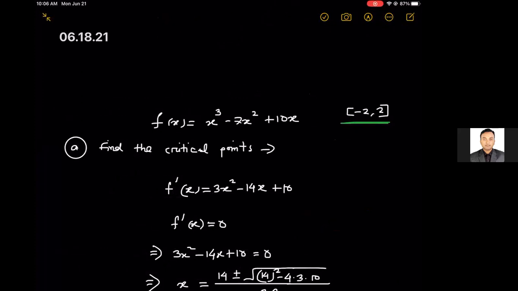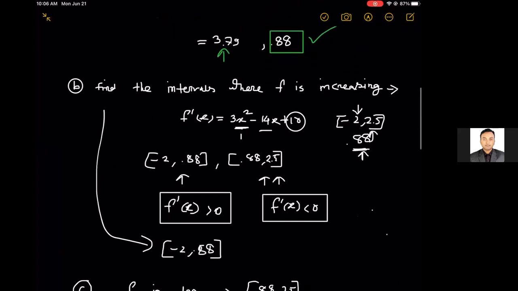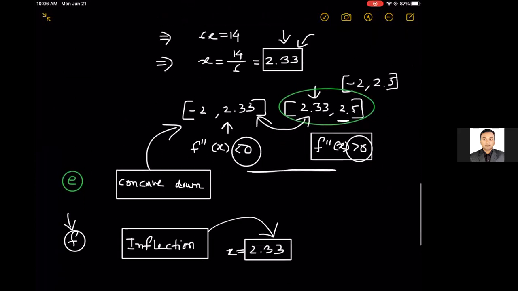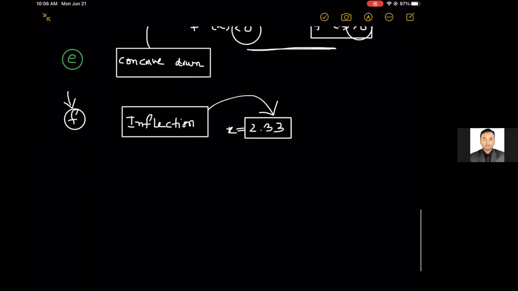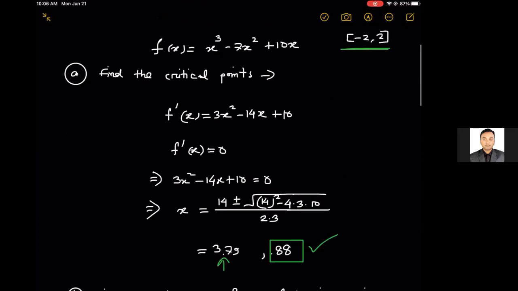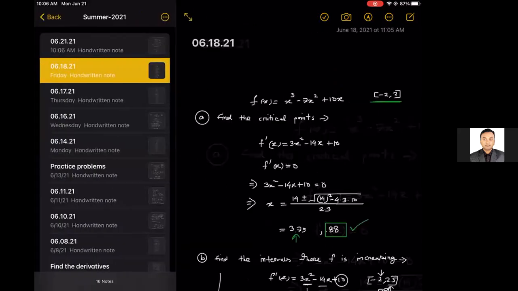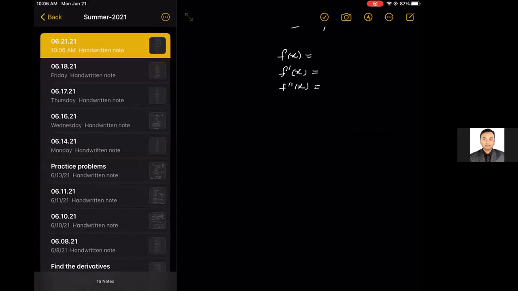If a function is given, you can actually find the critical points, the intervals where it's increasing, the intervals where it's decreasing, the interval where it's concave up, the interval where it's concave down, the inflection points, all of this, you can easily calculate it. So if the function is given, it's even better. But not always will the function be given.